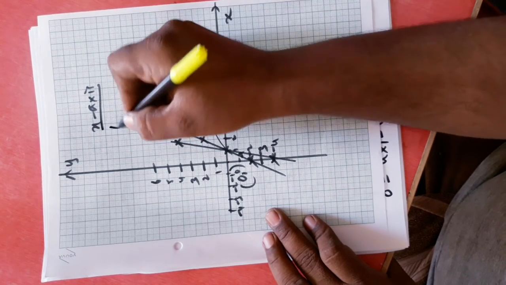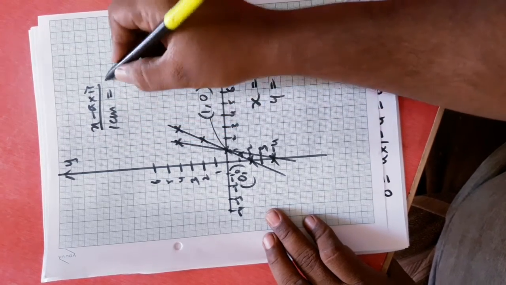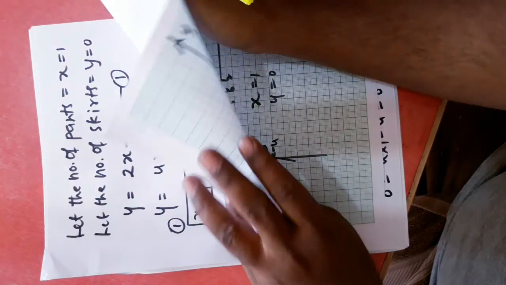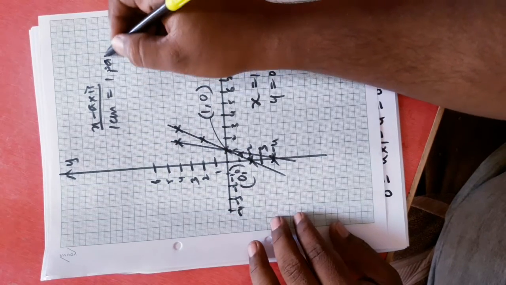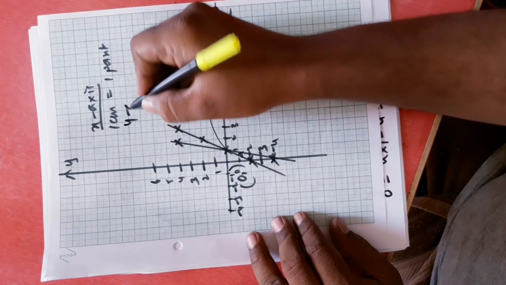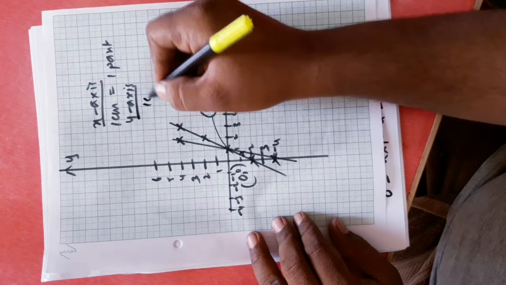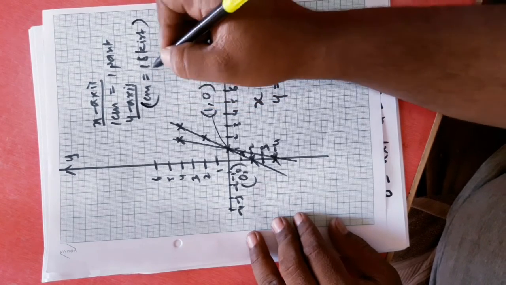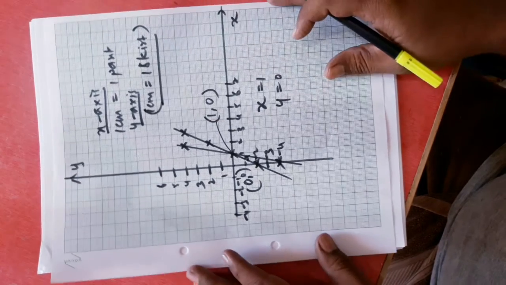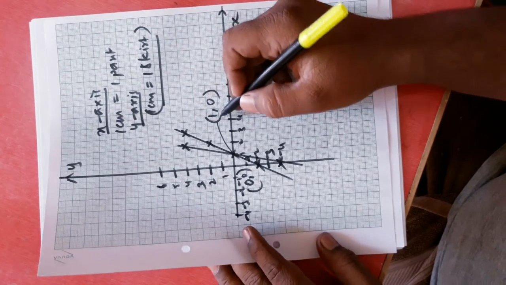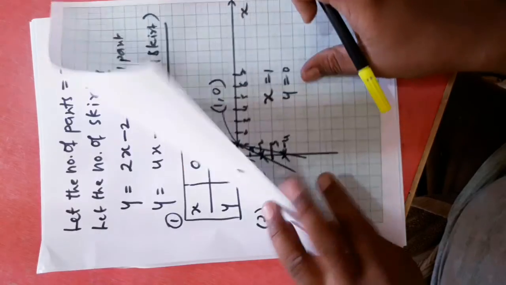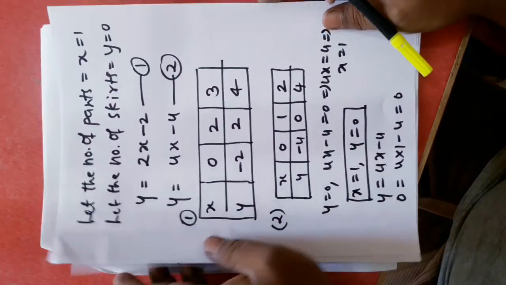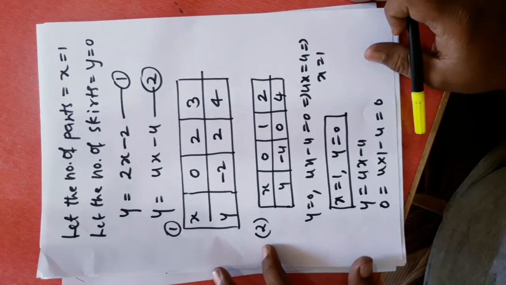On the x-axis, 1 centimeter is equal to 1 pant, and on the y-axis, 1 centimeter is equal to 1 skirt. Intersecting lines we got. So only one pant she purchased, and the number of skirts she purchased is 0. Followed this?